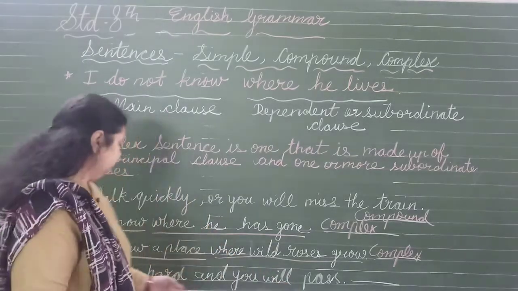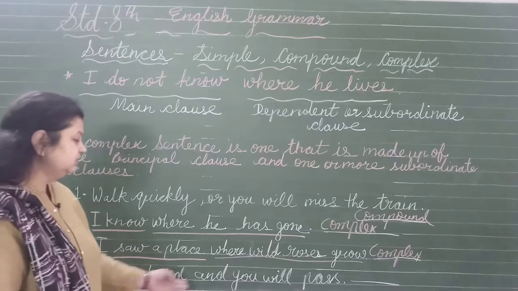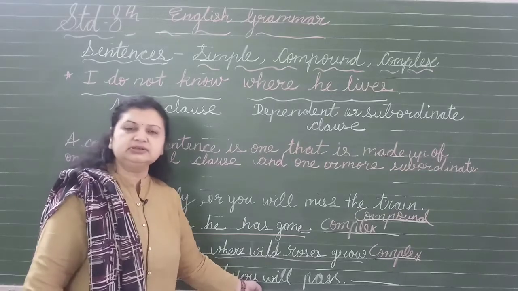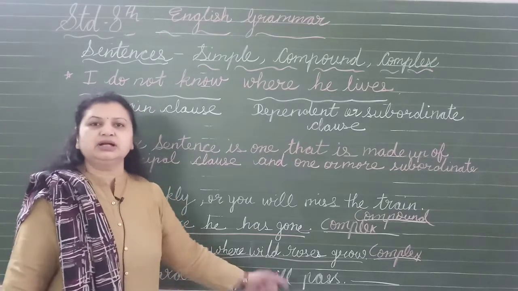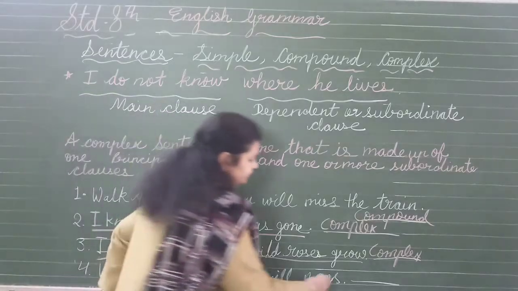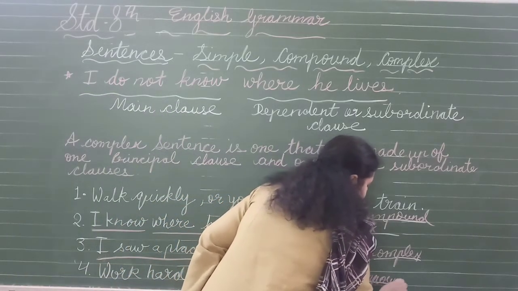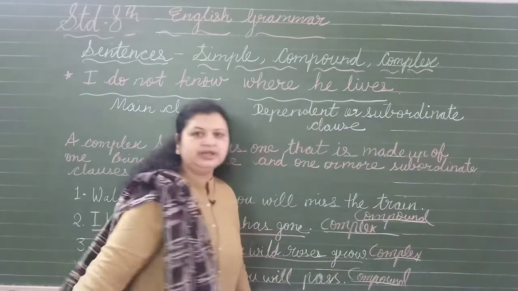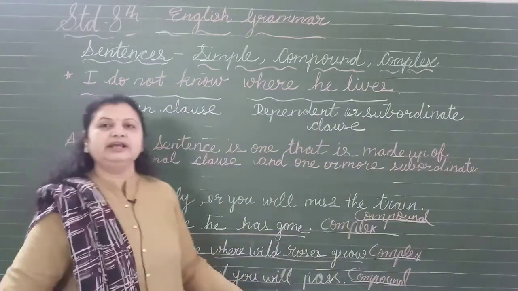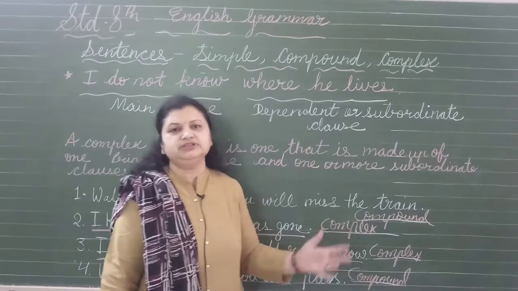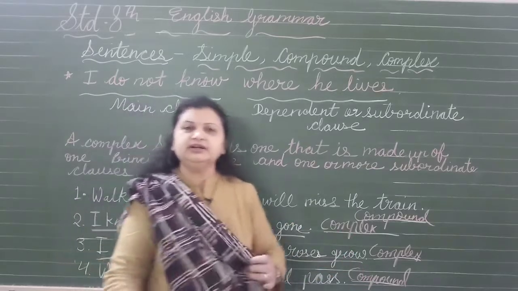"Work hard" is one coordinate clause and "you will pass" is the other coordinate clause, so it is a compound sentence. In this way you can identify complex and compound sentences.